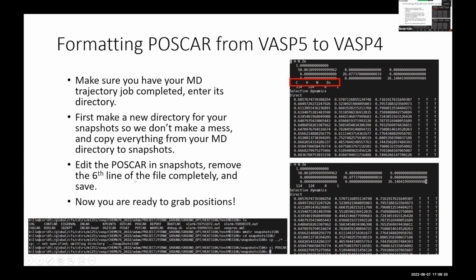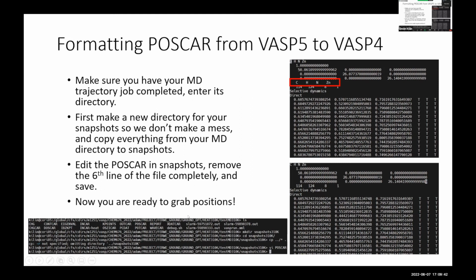We're going to edit the POSCAR, and basically this is just converting from VASP5 format to VASP4. We're just going to delete the 6th line, which gives the elemental composition. You're going to keep those numbers still, of course, 114, 124, 81, but you're going to get rid of the element identities. And you're just going to save that.